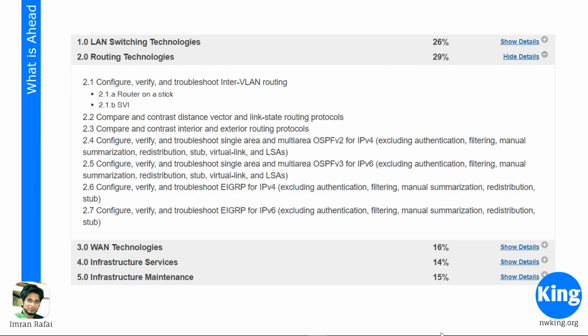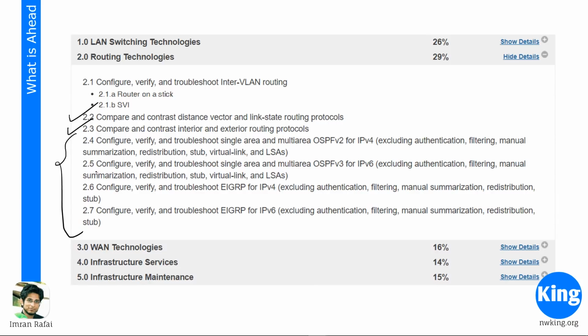What are we going to look at in this video? In our last video we looked at 2.1. In this video we would be looking at 2.2, which is compare and contrast distance vector and link state routing protocols. And also we will look at 2.3, which is compare and contrast interior and exterior routing protocols. These are the 2 things we would look into in this video, and that is going to be a precursor to our next maybe 6 videos.